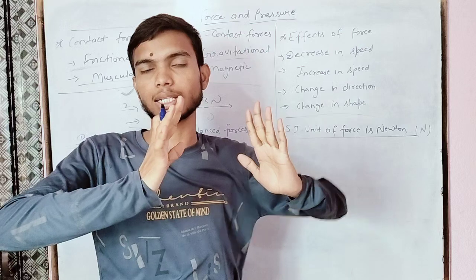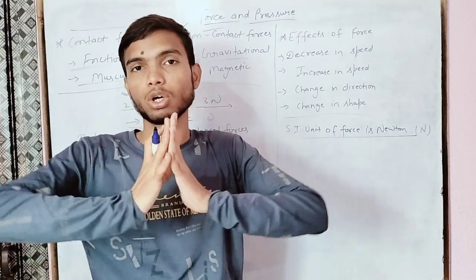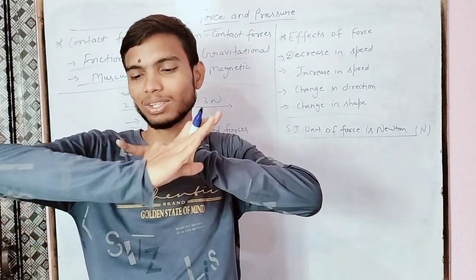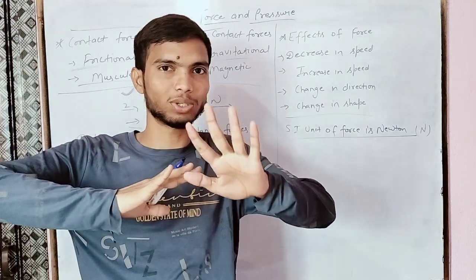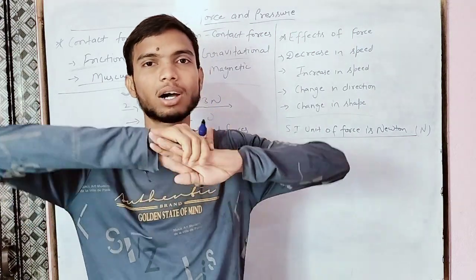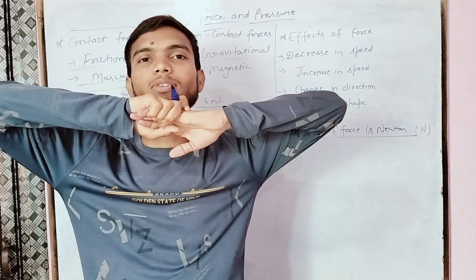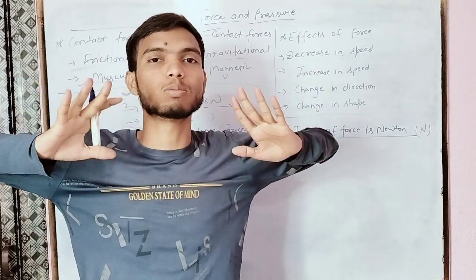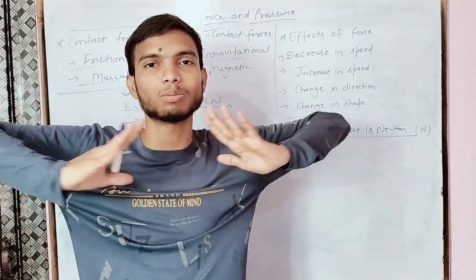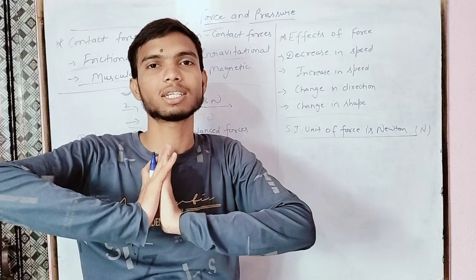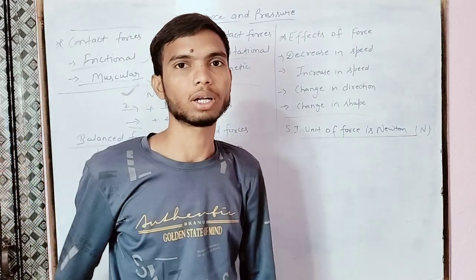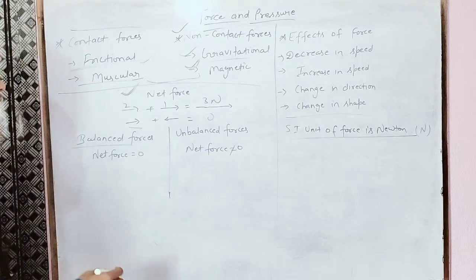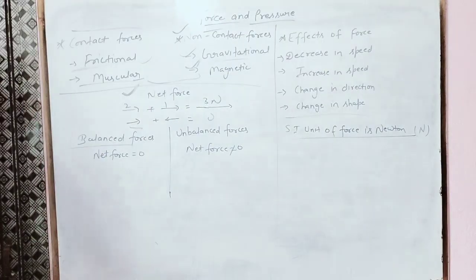The Newton of this is, let's say, 2, and the Newton of this is also 2. Both are equal to each other. That's why we would say there is a net force of 0.